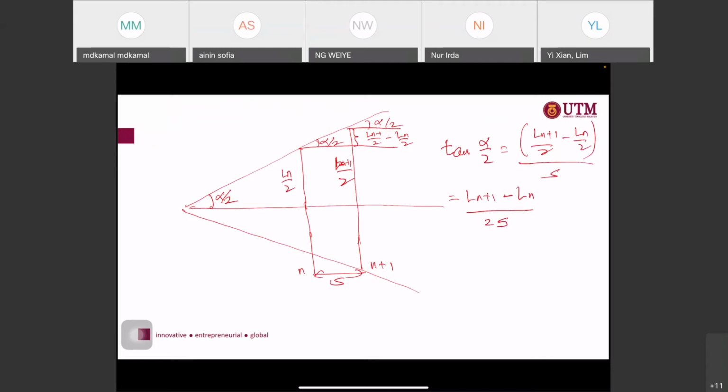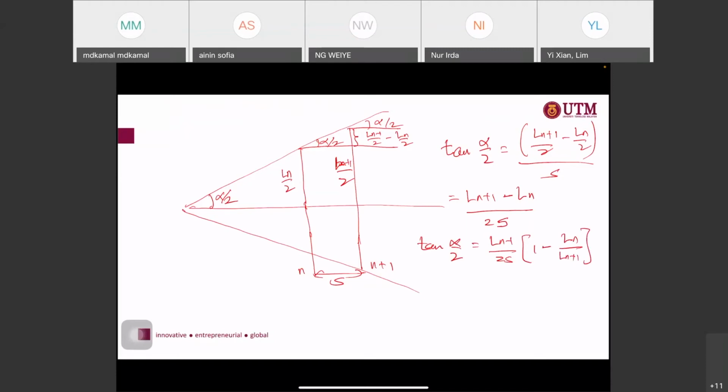From here, we can see that tangent alpha over 2 is equal to, you can just take out Ln plus 1 over 2S, times 1 minus Ln over Ln plus 1.